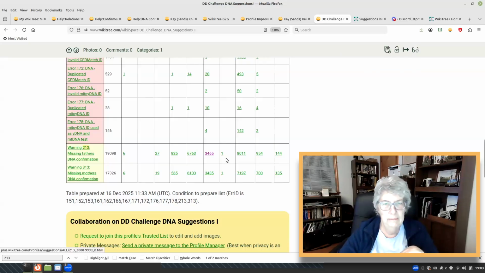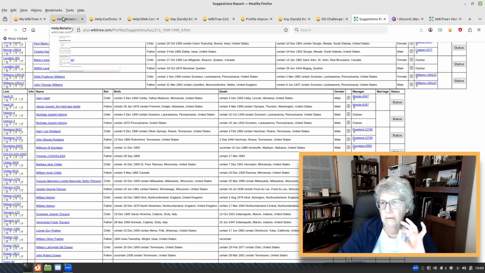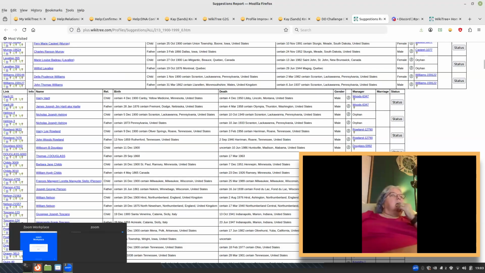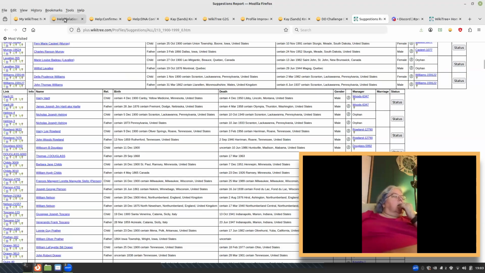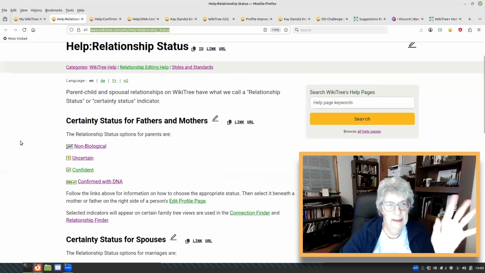I clicked on this one, which is the easier dates to work with. Debbie also did one that she posted in the Discord link in the chat to WikiTree Plus.